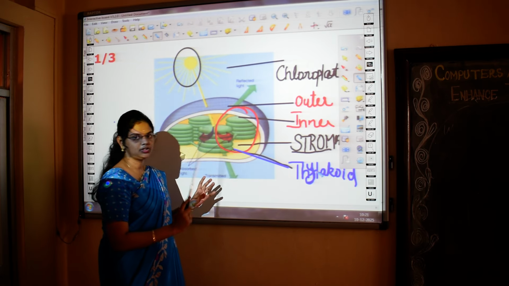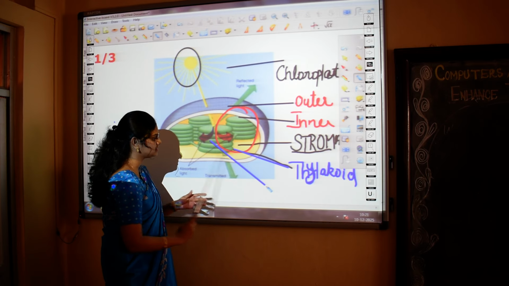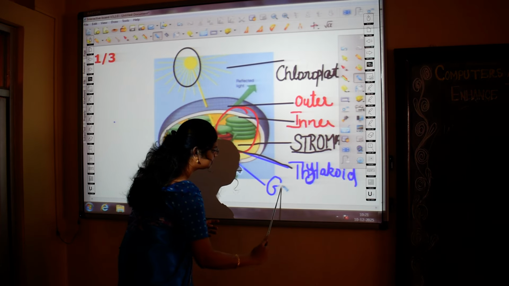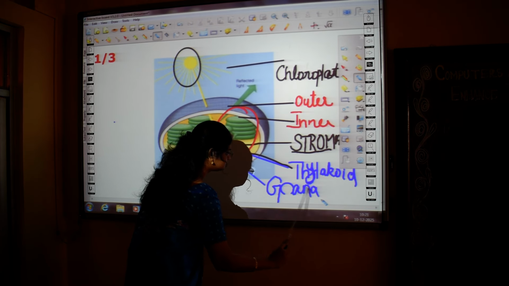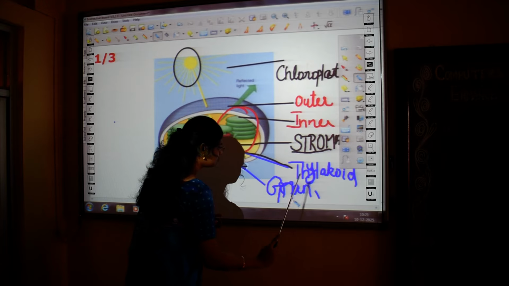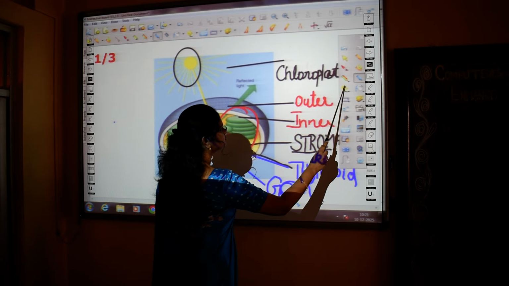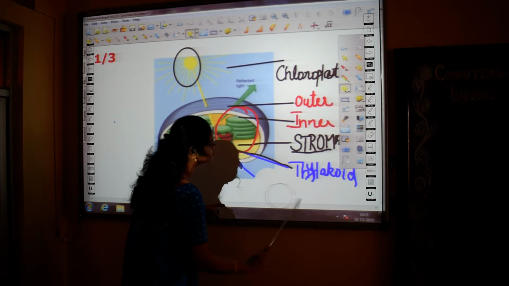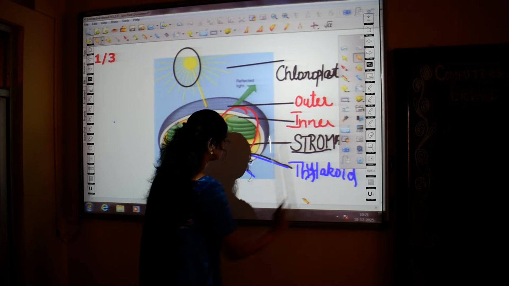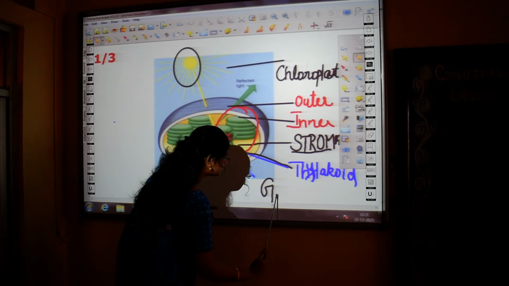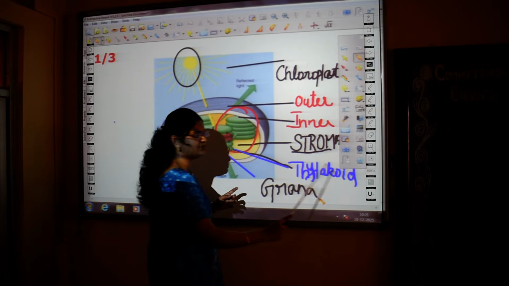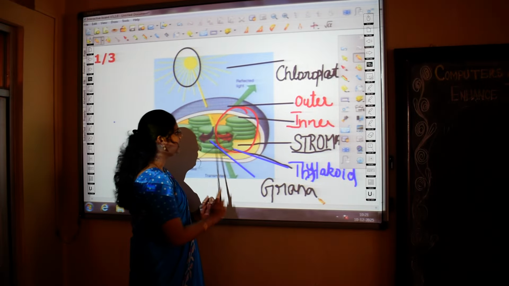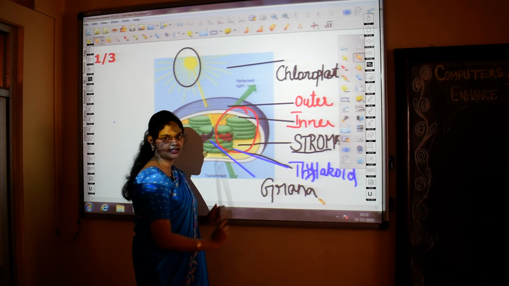When they are stacked together, they are called grana. So disc-shaped structures are called thylakoids, and when they are stacked, they are called grana.